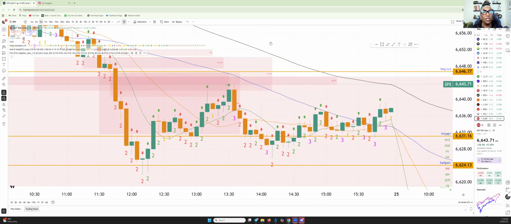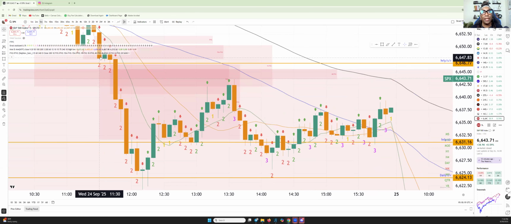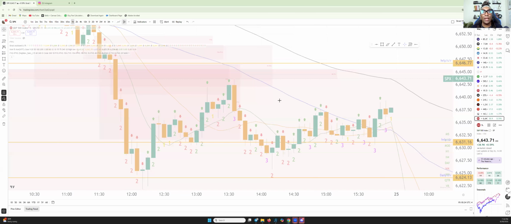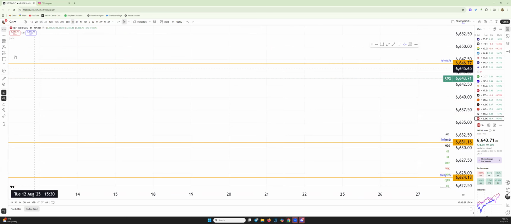We got any FVG questions? Oh yeah, let me ask this question. The difference between the red and the green, is that based upon time frame? It's based upon the direction. If the fair value gap was created when price was going down, then it's red. If it was created when price was going up, then it's green. Gotcha. So it's a bearish fair value gap or a bullish fair value gap.